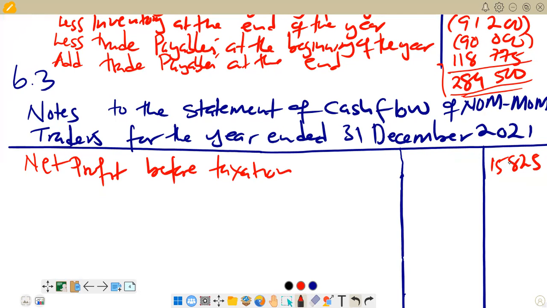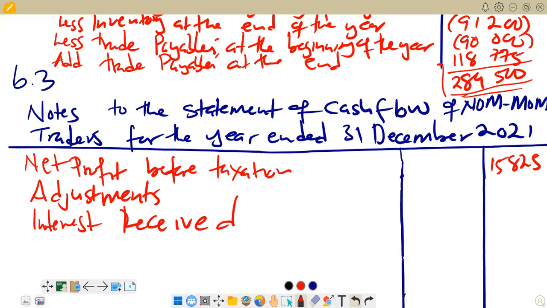Then from that, we are now going to make some adjustments. So remember, when we prepared the income statement, interest received, we added it after operating profit, we added interest received as interest income. So we are readjusting it now. Since we added it, now we are going to subtract it. So here we are going to have interest received.